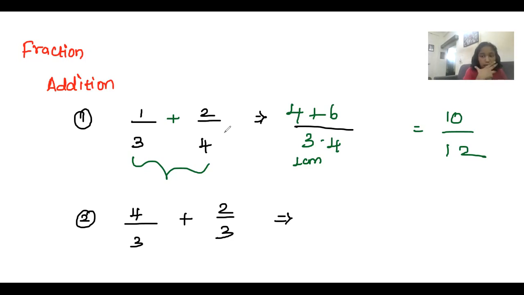Ma'am, 1 by 3 is a unit fraction and 2 by 4 is a proper fraction. What I'm asking is the relation between these two fractions. Ma'am, they're not equal. They are unlike fractions, isn't it? Because their denominators are different. You can call this kind of fraction an unlike fraction.